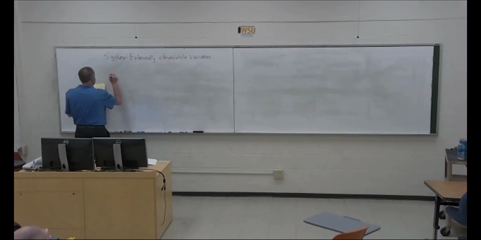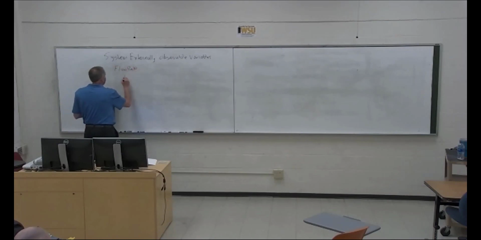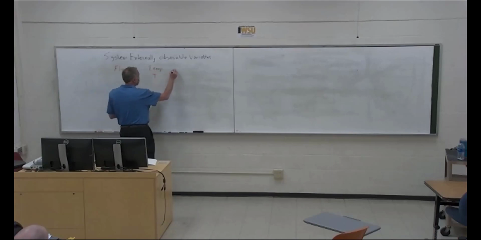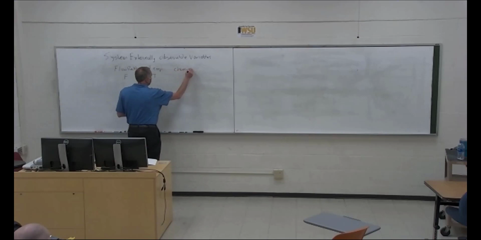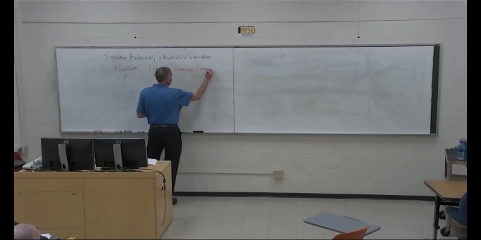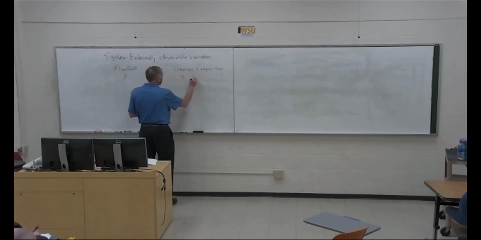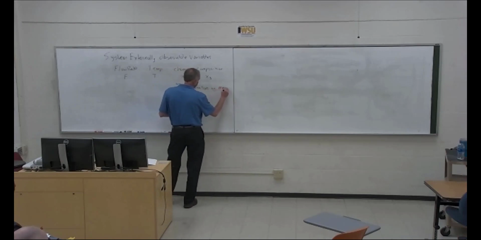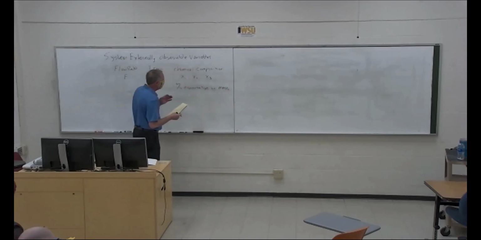variables that were used here are the flow rate, F, temperature, T, and the chemical composition. This is listed as X1, X2, and X3, and this is percent concentrations by mass of the three chemical compounds.